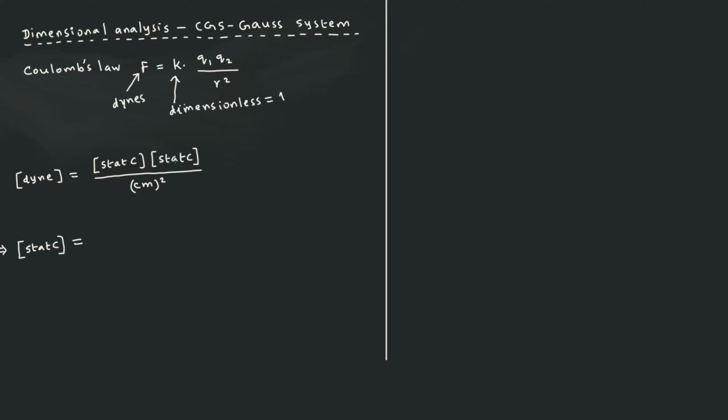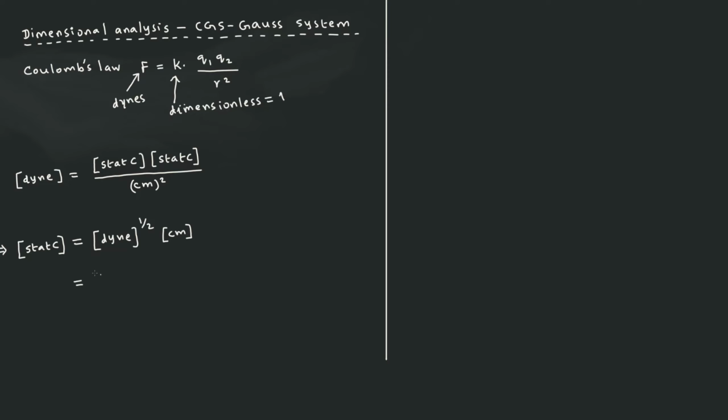There are two stat coulombs here, therefore this will become square. Therefore, you take the cross multiplication and then take a square root. Then we get dyne to the power of 1 by 2, and then a centimeter here, which is for the length. And you will now simplify this dyne so that everything reduces to the fundamental unit.